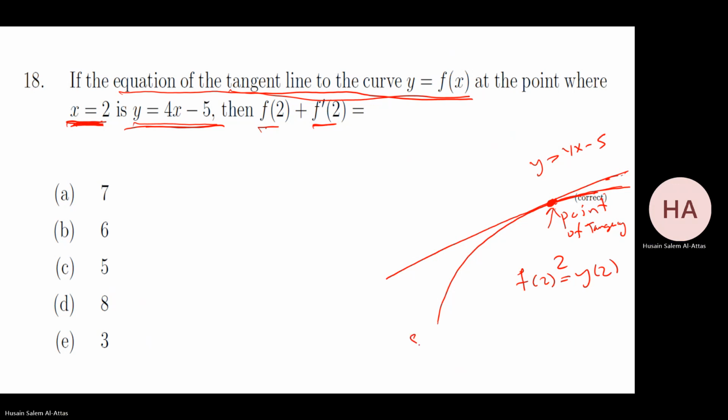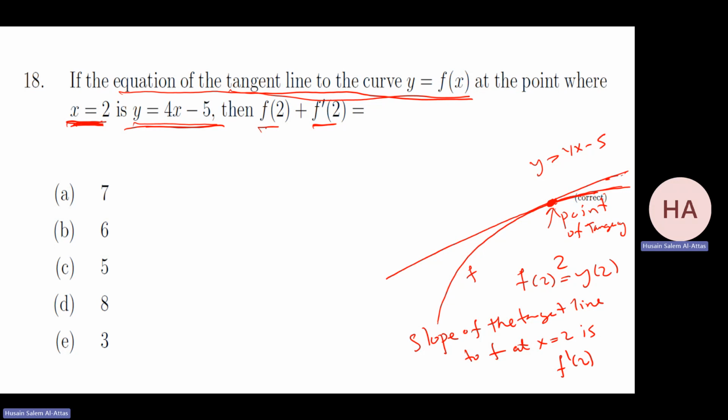Not only that, the slope of the tangent line to f at x equals 2 is f prime at 2. So I have these two pieces of information. f of 2 equals y at 2, and the slope of the tangent line is f prime at 2. This is what I need.